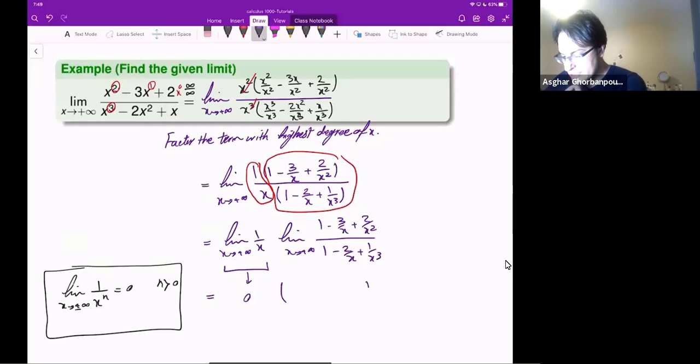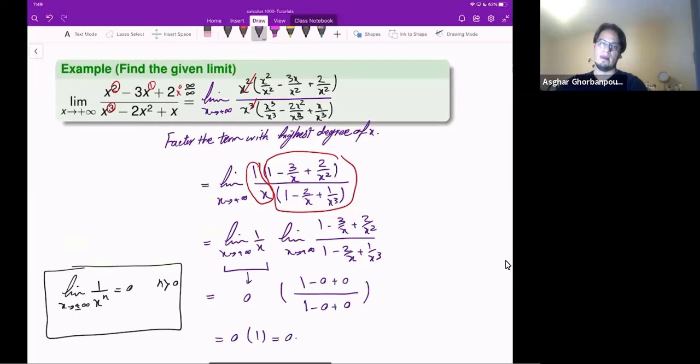The limit of the second part, using the limit laws, will be 1 minus 0 plus 0. And this gives me 0 times 1, which is 0. So the limit of this function as x approaches plus infinity is 0.